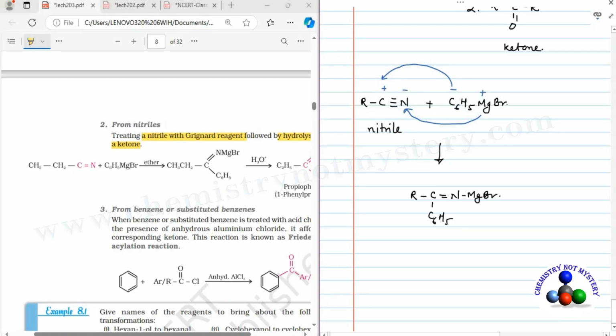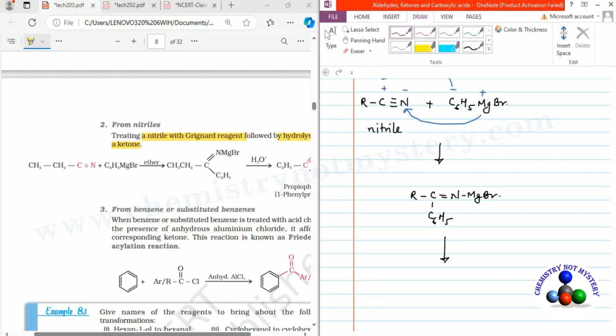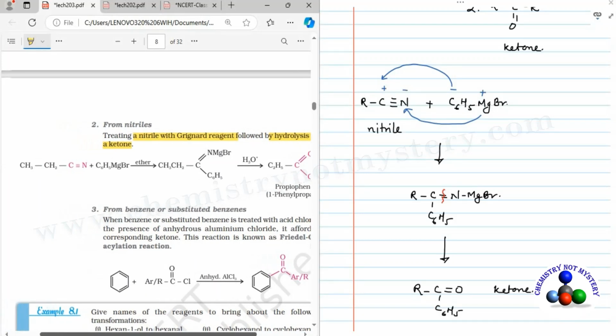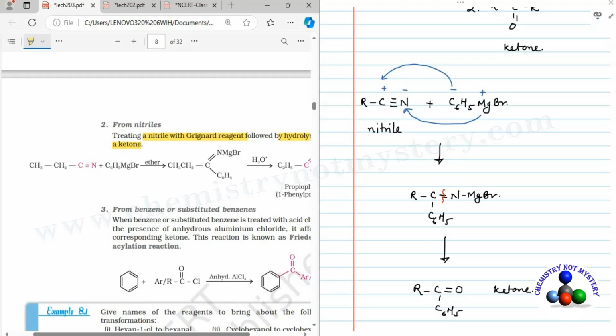Now when this molecule undergoes hydrolysis, the double bond between carbon and nitrogen will break and oxygen will go with the carbon. So here you will get R, C double bond O, C6H5, which means this is a ketone. Now see this example also.